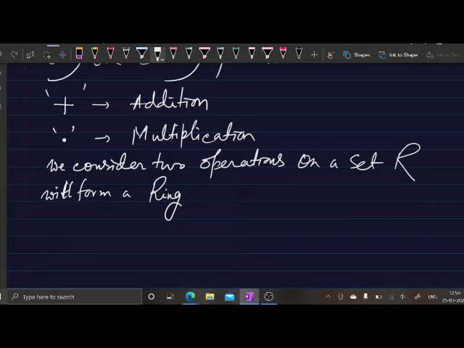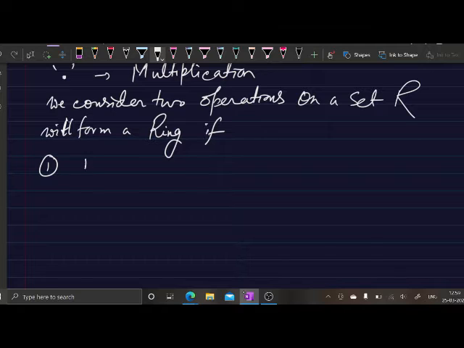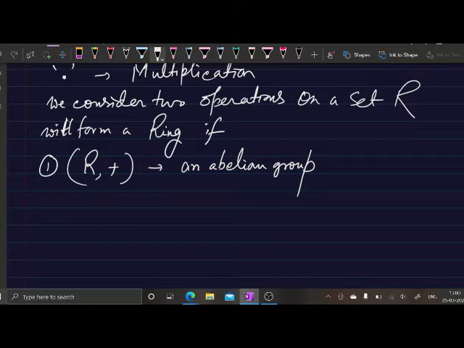Okay, then this set will form a ring if it satisfies the following. Number one is, with respect to addition, the R has to be an abelian group. Secondly, with respect to multiplication, we require only the associativity.